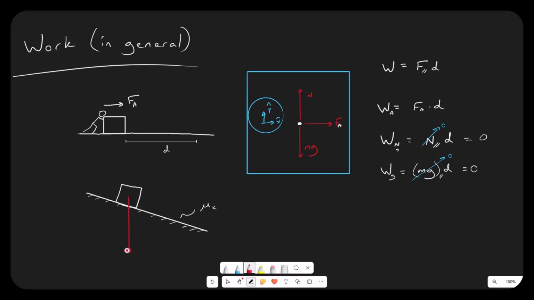I'm going to have an mg, I'm going to have a normal force, and I'm going to have a frictional force. If I move this box from this location and let it slide some distance d down the ramp, the work done by my normal force is going to be zero because these are perpendicular.